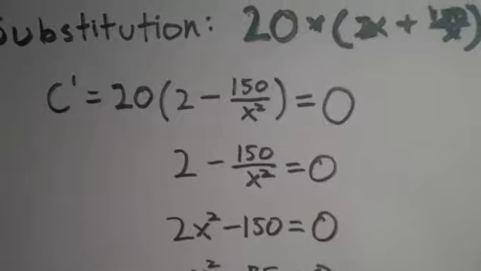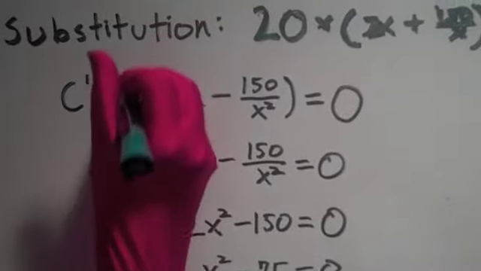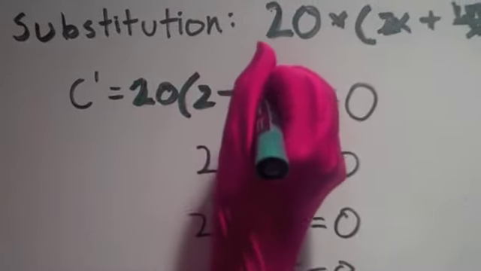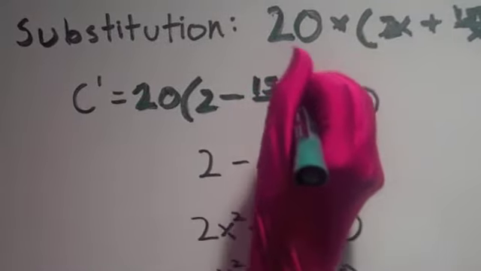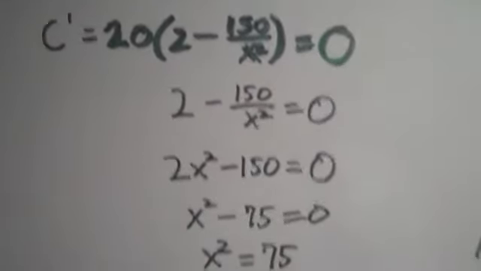Now we can find the critical points of the equation by setting the derivative equal to 0.